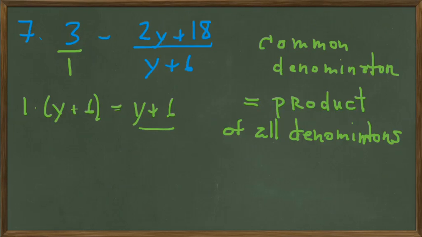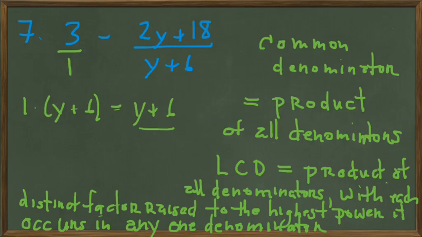Now there is also a least common denominator, you recall. That's a little bit more complex to define in words. I'll do it and then we'll talk it through how it applies to this problem. The least common denominator in words is we start with the product of all denominators.